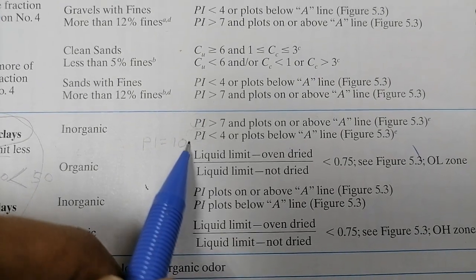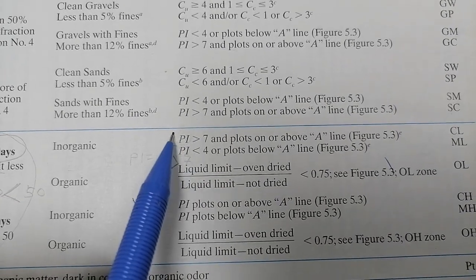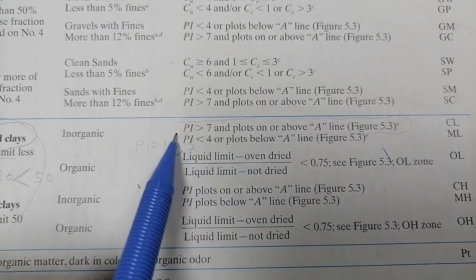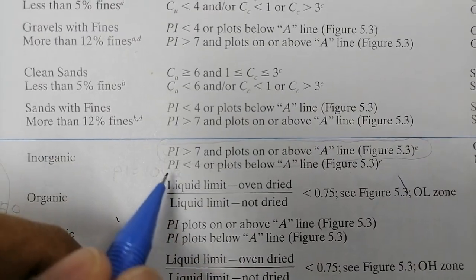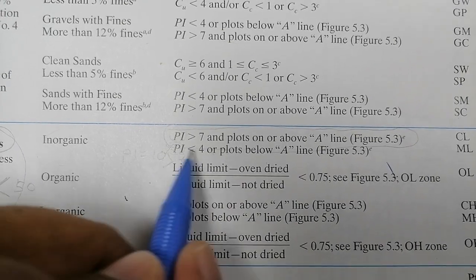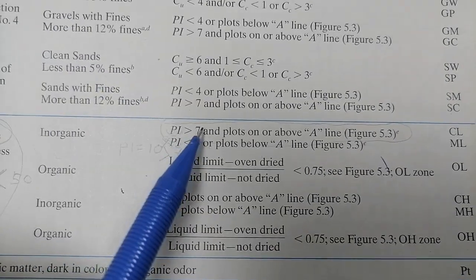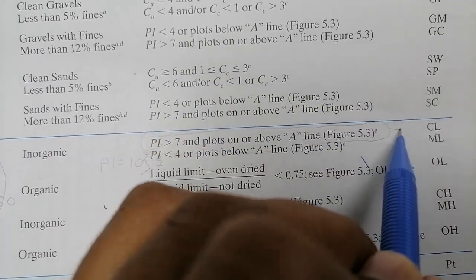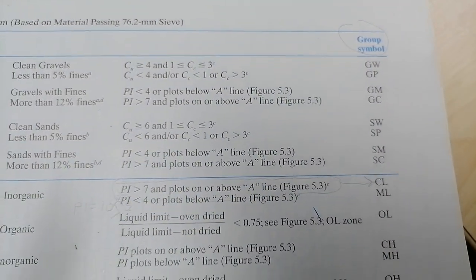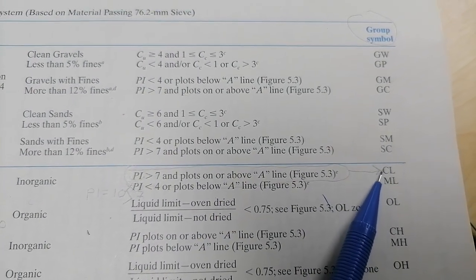So 10 is larger than 7, betul? Okay, therefore we are here. The first one. So we are not here. This is not us, since our PI is 10. It is not less than 4, but it is bigger than 7. So we are here. And actually we got the answer already for group symbol. Okay, so our group symbol is CL.